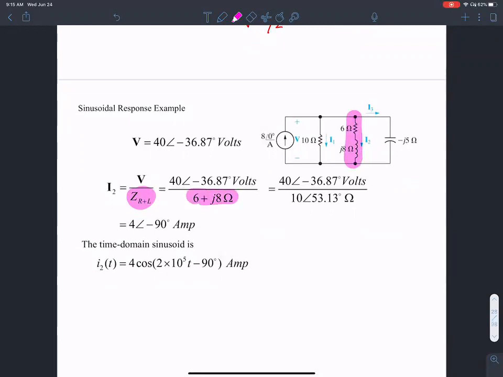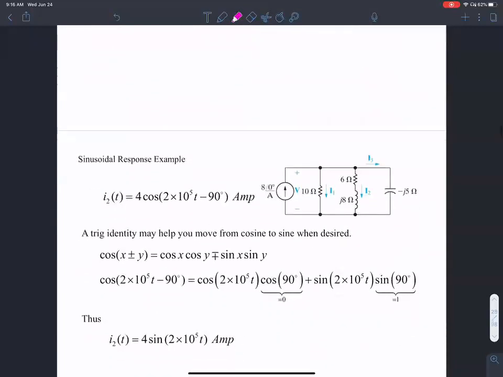We calculated that earlier: 6 ohms is the resistance, plus j8 ohms, that's the impedance. Then it's a matter of doing the arithmetic for phasor and real number form. Similarly, I can find the current through this branch: the voltage applied across its terminals, which is V, divided by the impedance of this branch.